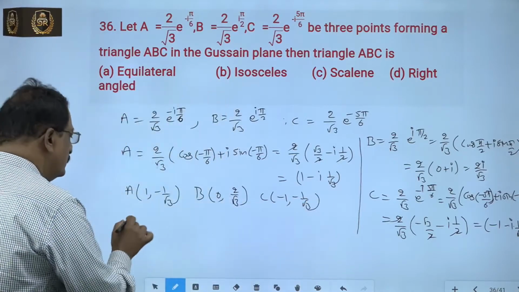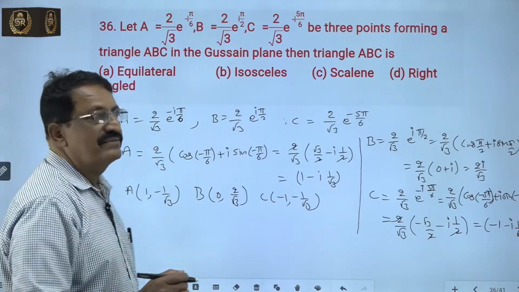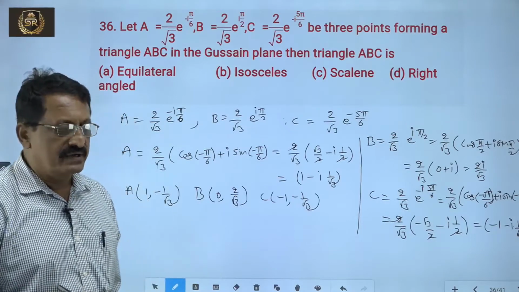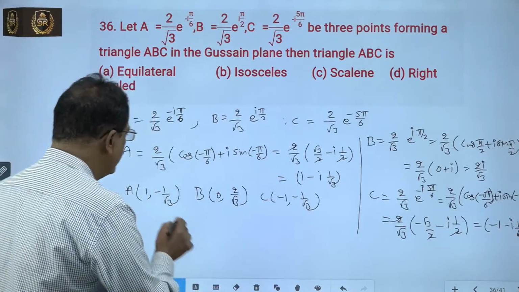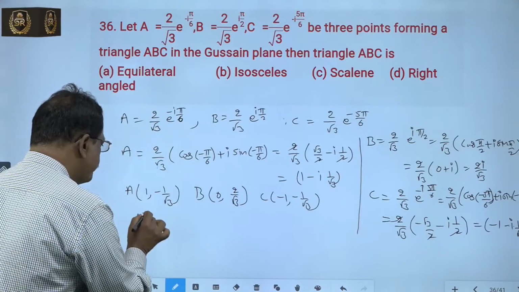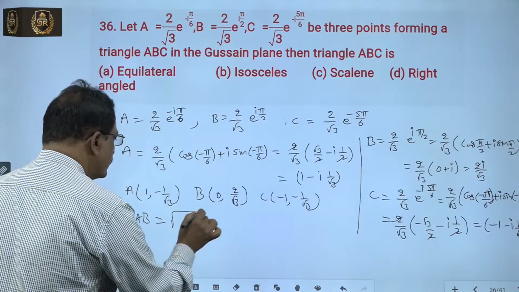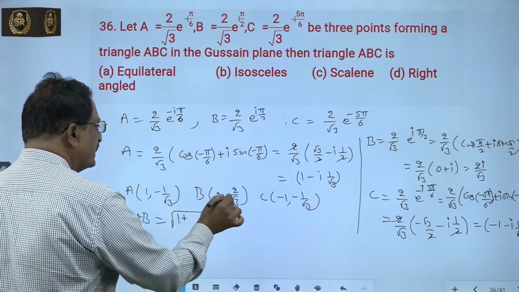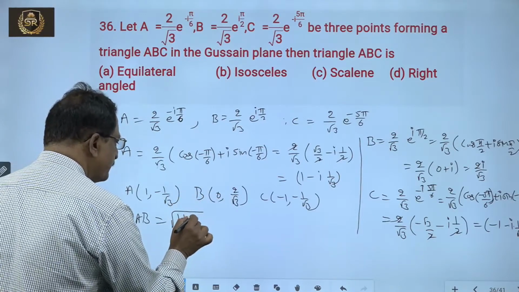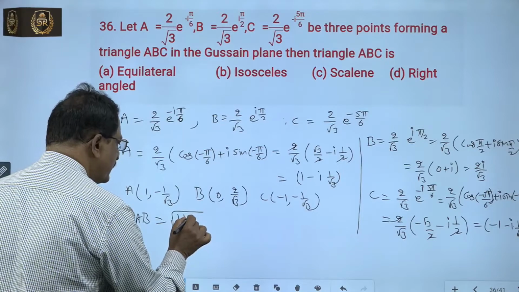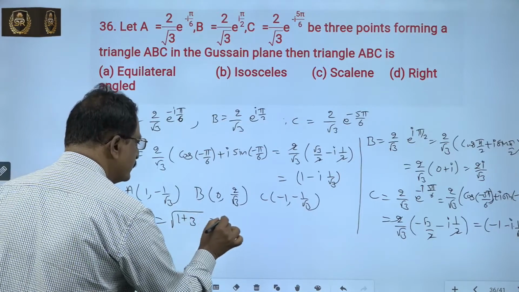Now, next to find out the lengths of the sides of the triangle. After that, decide what type of triangle. Now, AB equals distance between 2 points equals square root of 1 plus 3 root 3 by 3, root 3 whole square, that equals 2.